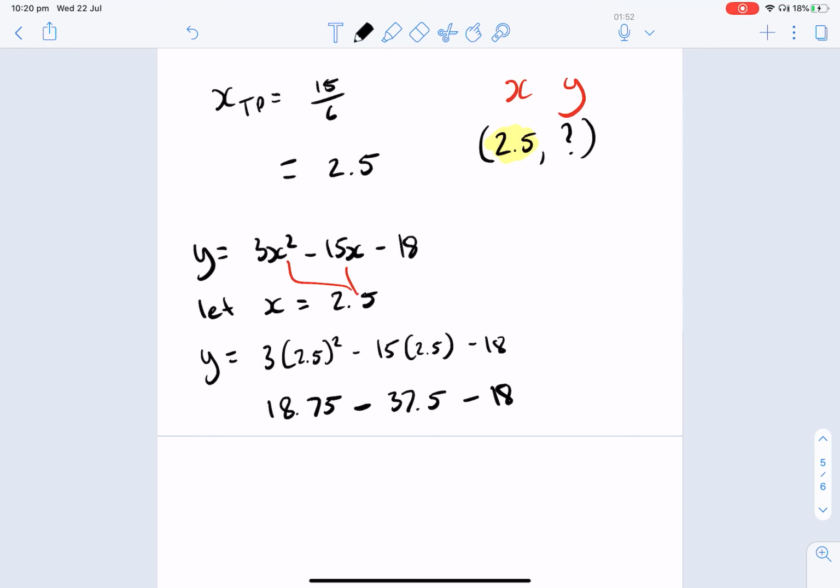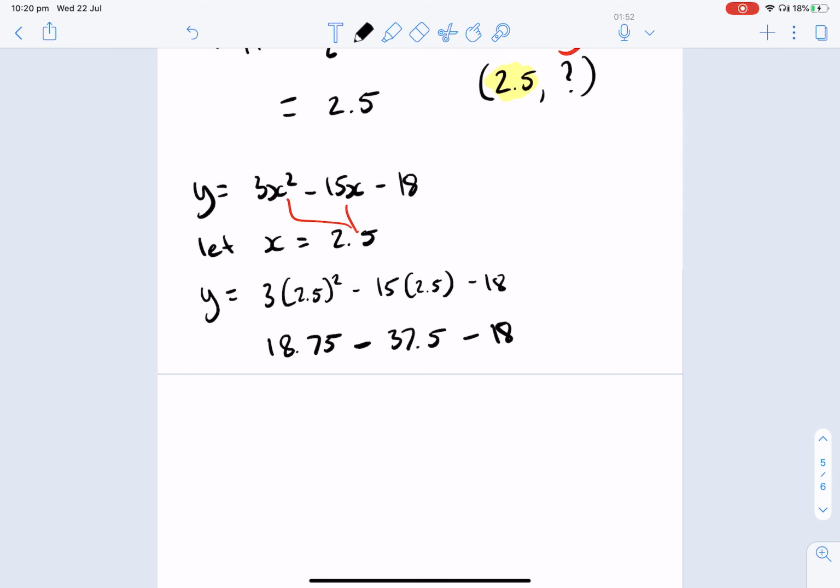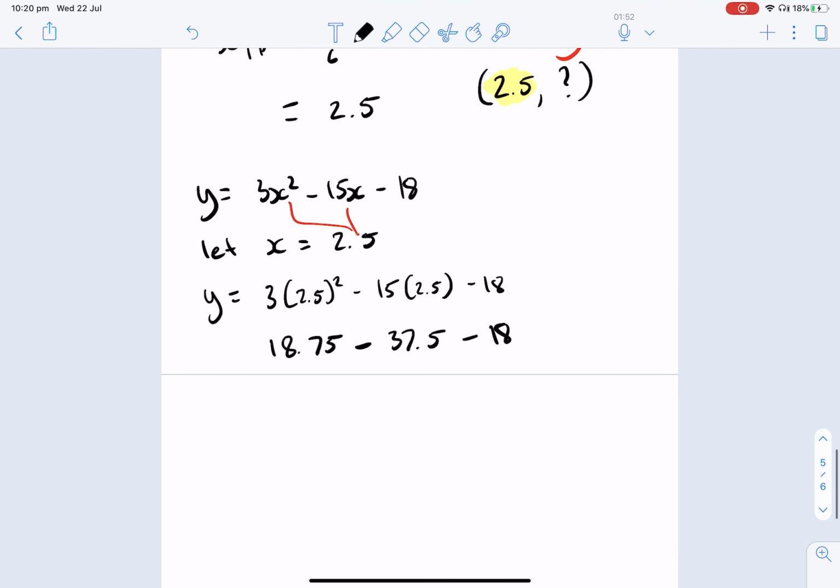Sorry guys, I'm going to stop with my calculator. That should have been pretty obvious. Y equals negative 36.75.